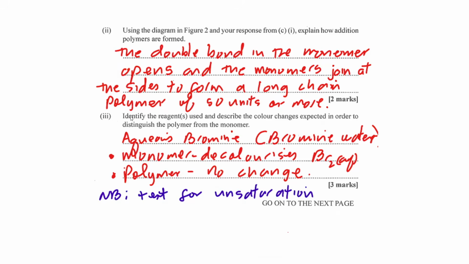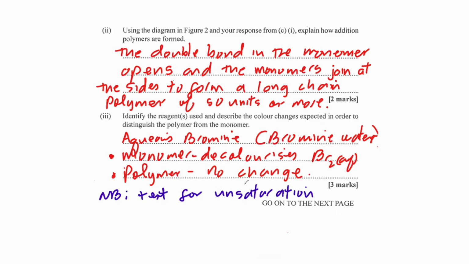Part 3. Identify the reagents used and describe the color change expected in order to distinguish between the polymer and the monomer. Now we know that our monomer would consist of a double bond, but our polymer consists of single bonds. So we're going to use the test for unsaturation. Now aqueous bromine can be used, which is going to change our color from orange brown or red brown or simply brown to colorless.